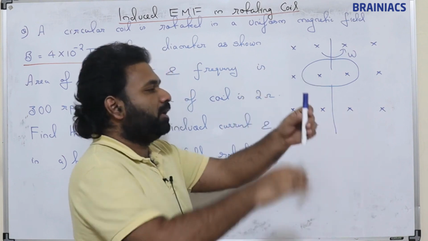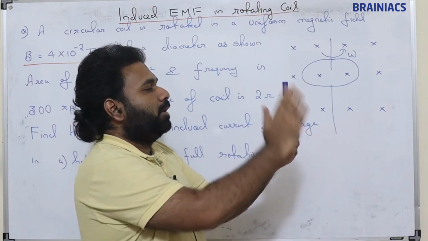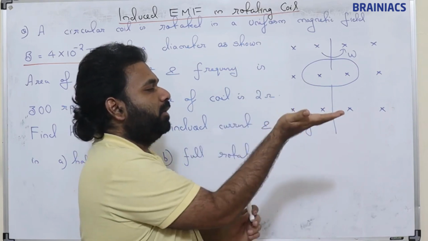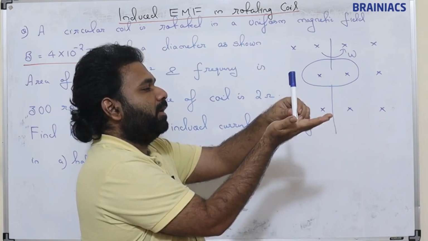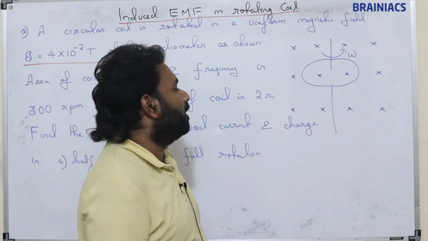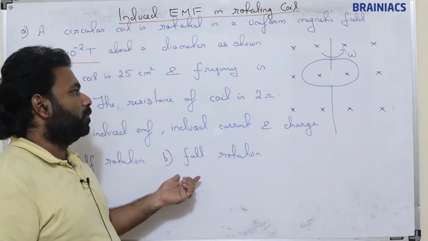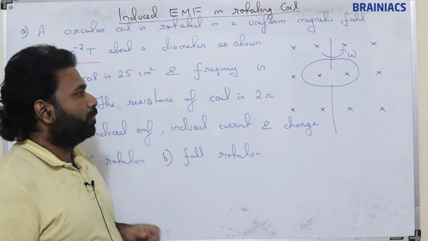Suppose we consider the coil like this, with the area vector and the magnetic field vector; then the flux will be zero.